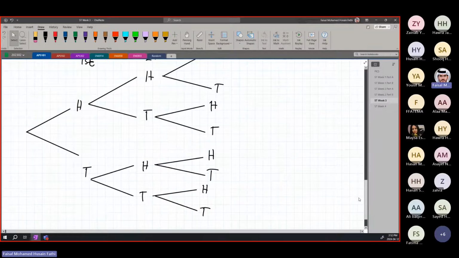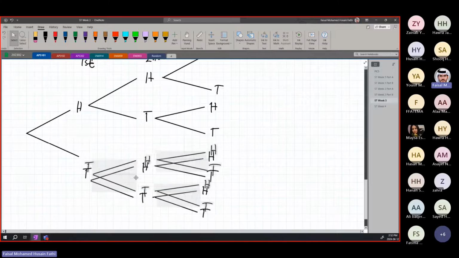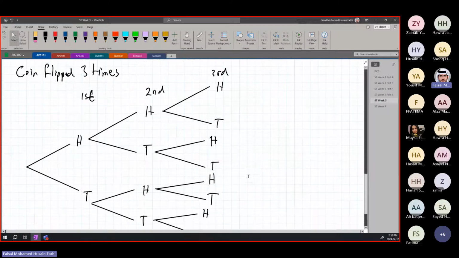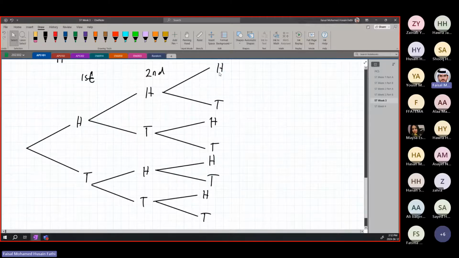Okay, so if you notice here, let me bring this a little bit more up so it's all on the same page. We are going to have a total of 1, 2, 3, 4, 5, 6, 7, 8 options. So we already know that the cardinality of the sample space has to be 8. The total number of possibilities is 8.